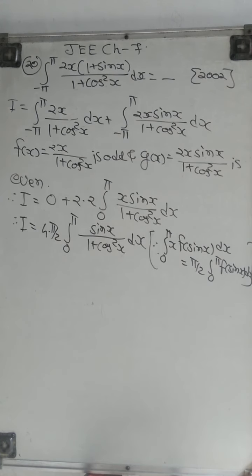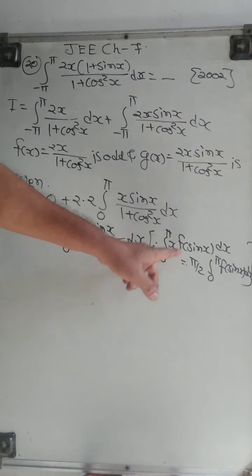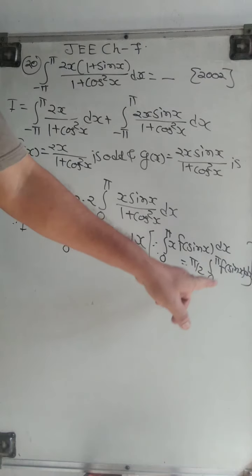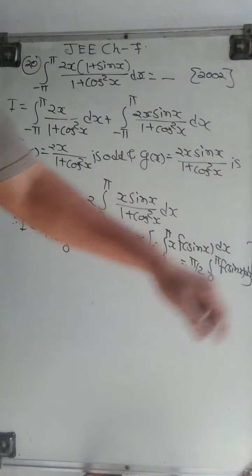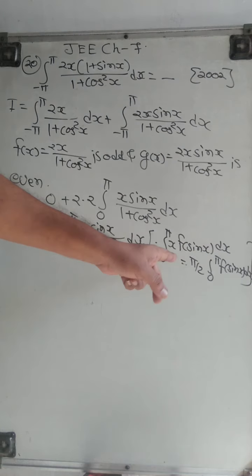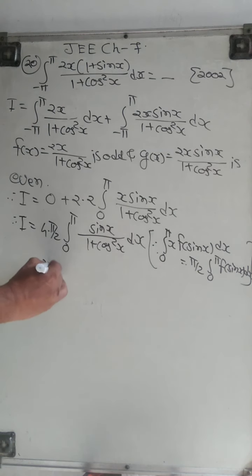So here this is 4, and now there is another result: integration 0 to pi x f(sin x) dx is equal to pi by 2 integration 0 to pi f(sin x) dx. It means the x is removed and at the place of this x we put pi by 2, right? So here we put the same thing, so here we have 2 pi.